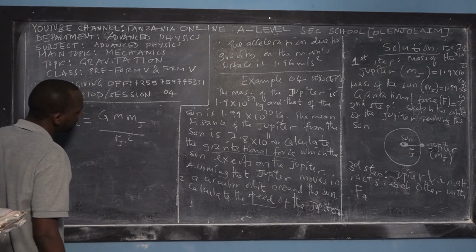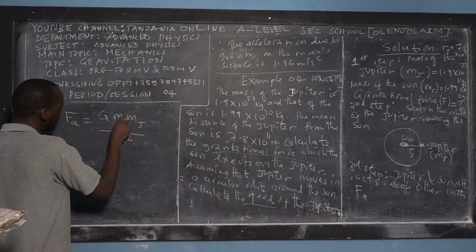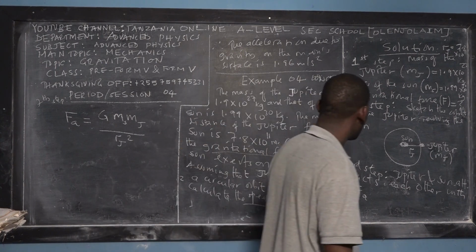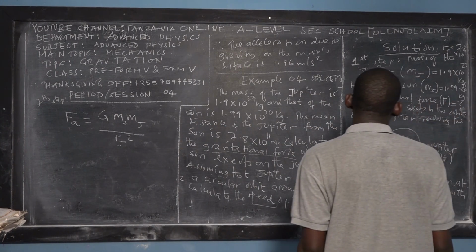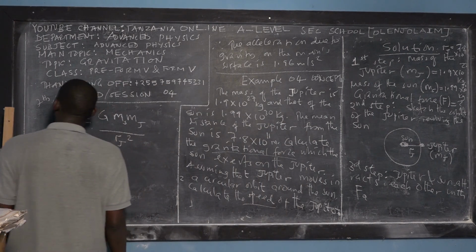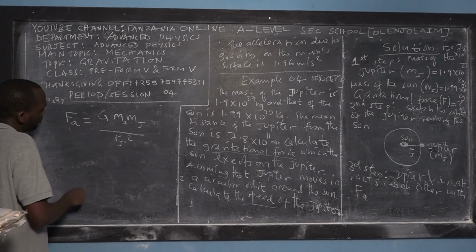So if this is the case, the force of attraction between the Sun and Jupiter, because this is the mass of the Sun, M_S. You will be given some other constants, but others will not be given. So from there you have to answer with the concept that you know.